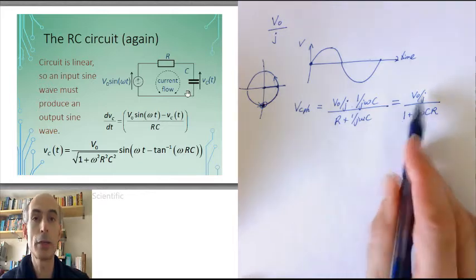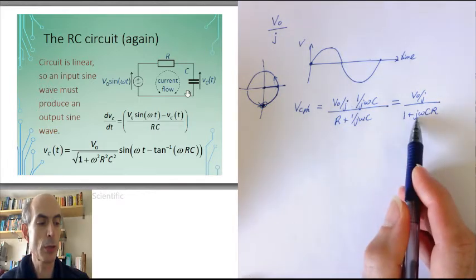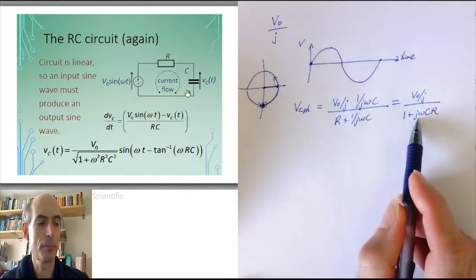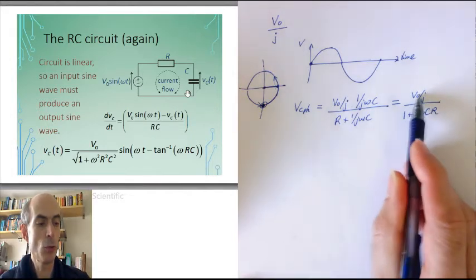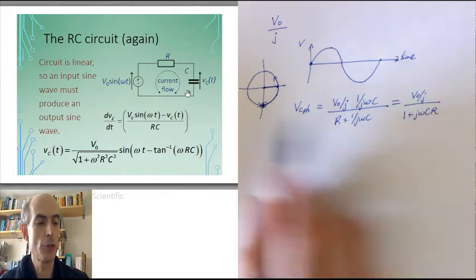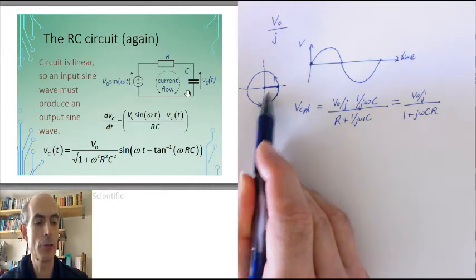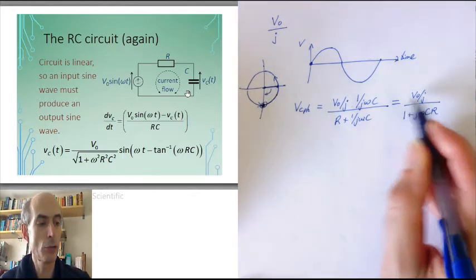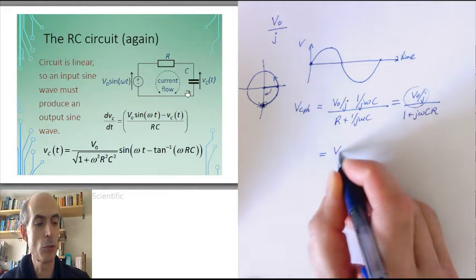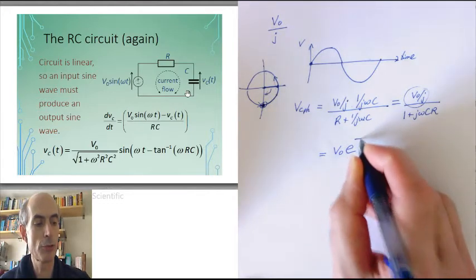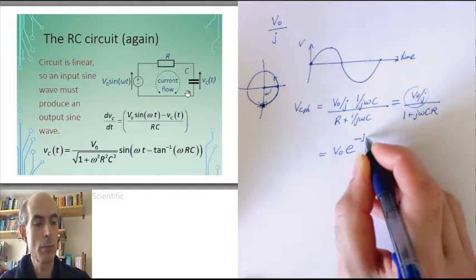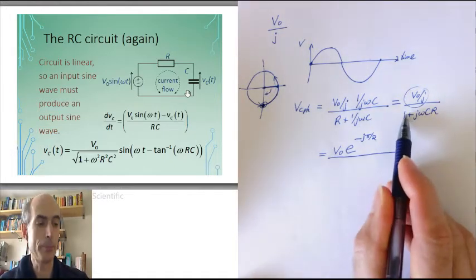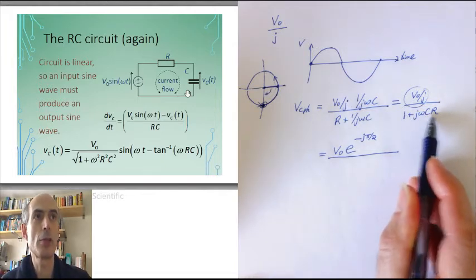To convert this back into the time domain, we'll need to work out what the magnitude and the phase of this is. So, noting that V0 over j is V0 with a phase angle of minus 90 degrees, or minus pi over 2 radians, I could write that term as V0 times e to the power of minus j pi over 2. The term on the bottom, 1 plus j omega CR.